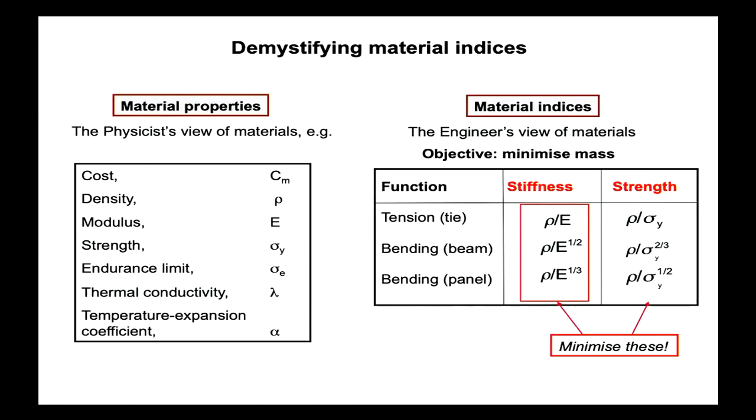Material indices are associated with this systematic selection process when our objective is minimum mass for either a stiff or a strong object, and the function is either tie, beam or panel, in tension or bending.